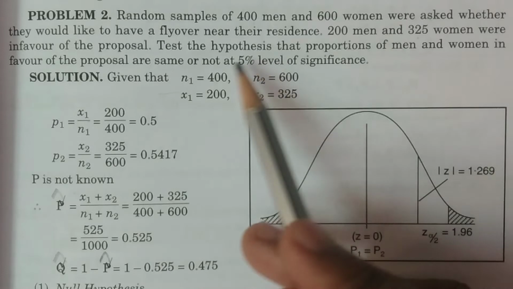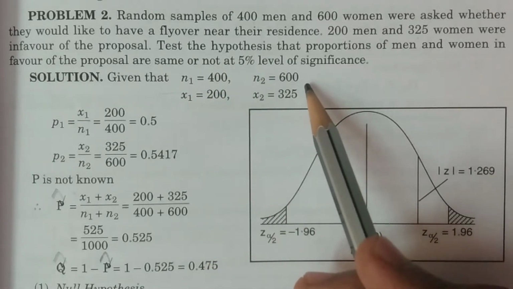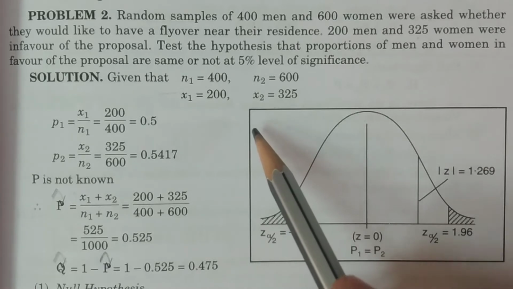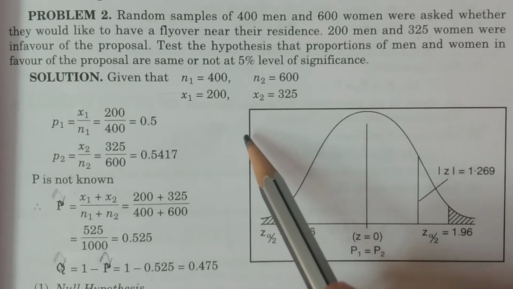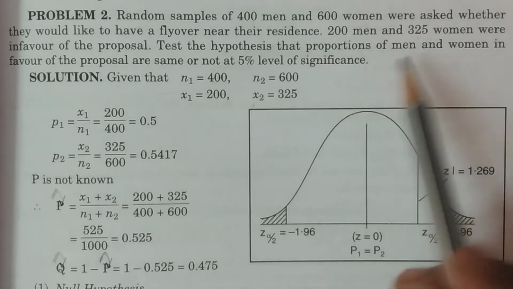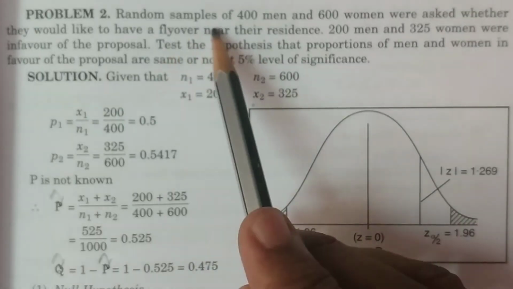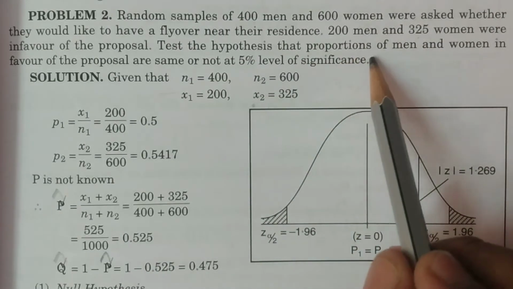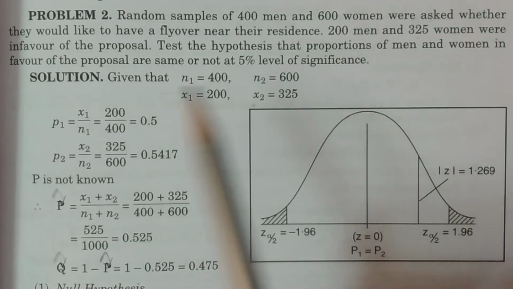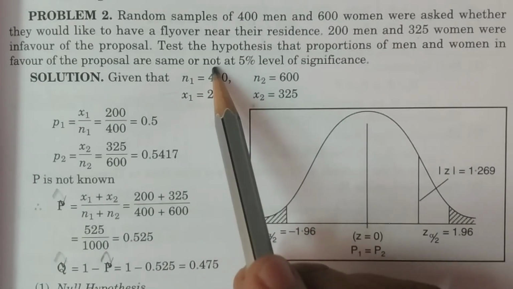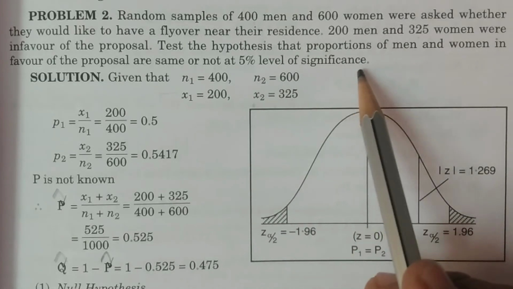If you identify these values, the given data, then what you have to see is the null and alternative hypothesis. The remaining part is only a calculation with the formula. What is the question? Test the hypothesis that proportions of men and women in favor of the proposal are same or not, at 5% level of significance.